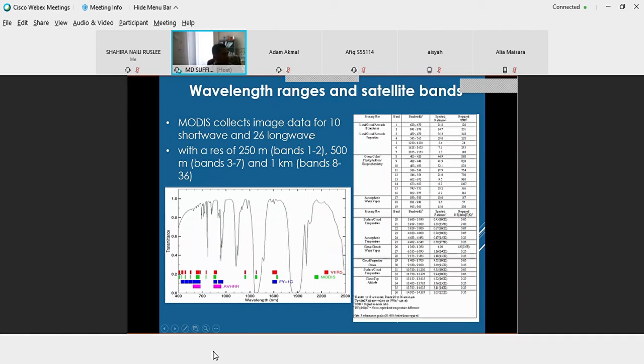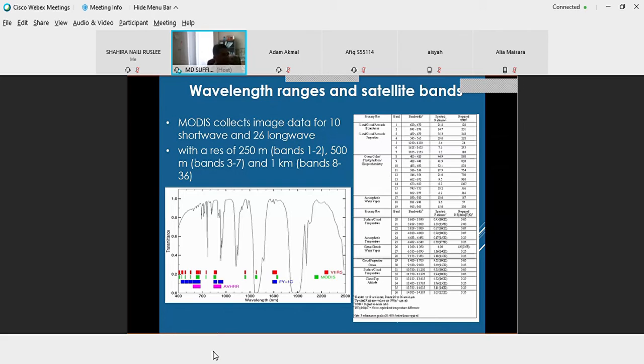MODIS collects image data for 10 short wave and 26 long wave radiation. The 10 are short wave, in the visible, and the 26 are long wave radiation, especially in infrared, which is for temperature. Here we can see the primary application of each, and each one reflects a specific band.